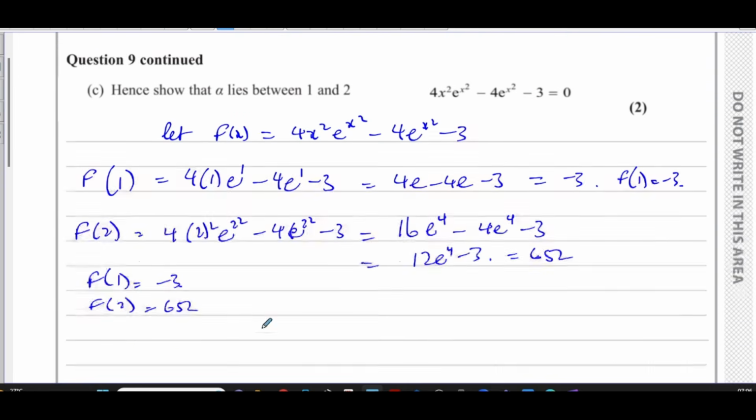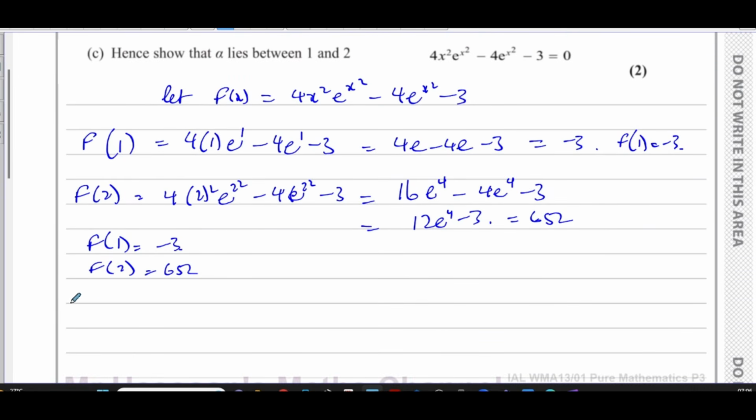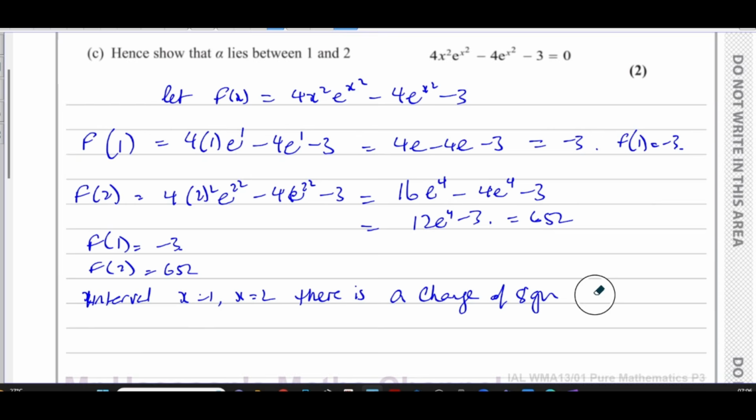Okay, so we can see that in the interval between x equals 1 and x equals 2, there is a change of sign in the function f of x.